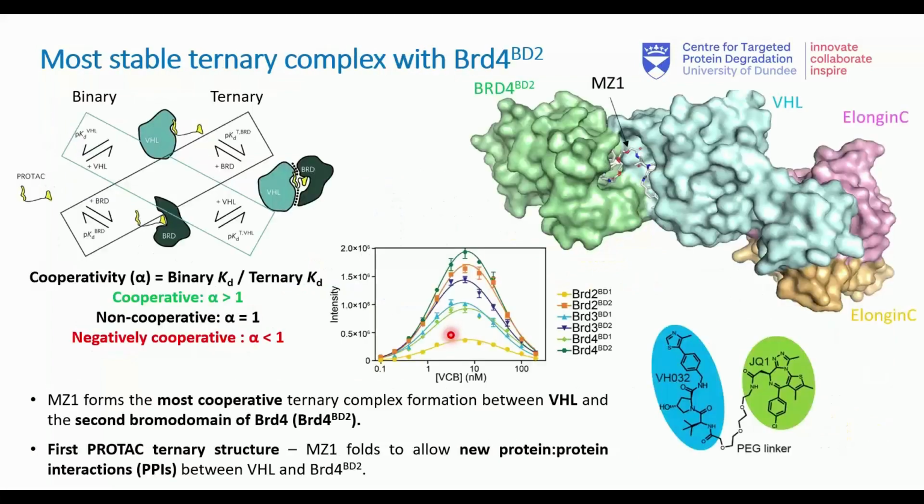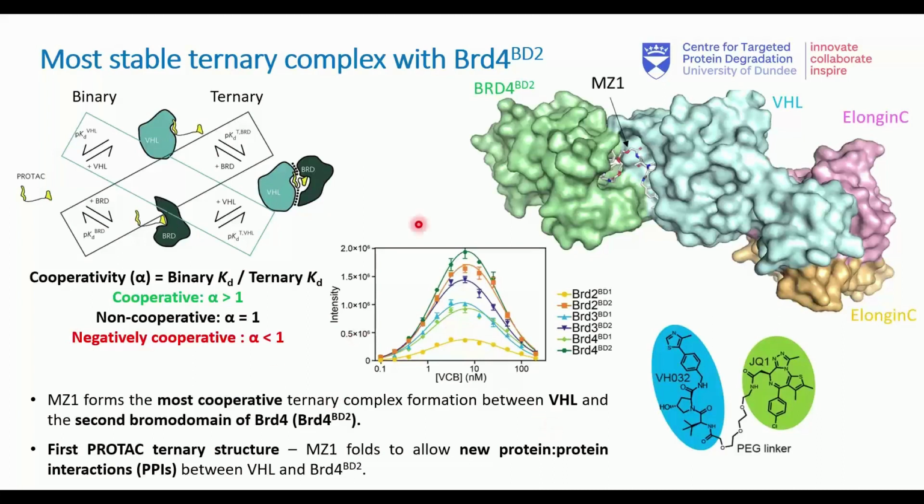And the reason behind this selectivity, and the group a few years later really did the extensive biophysical analysis of the ternary complexes that MZ1 makes between VHL and the individual BET bromodomains.